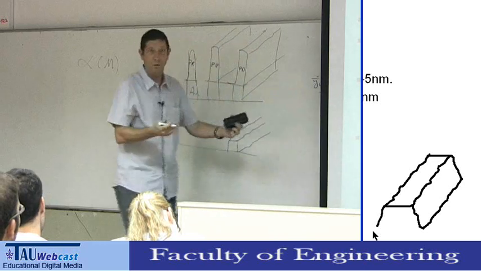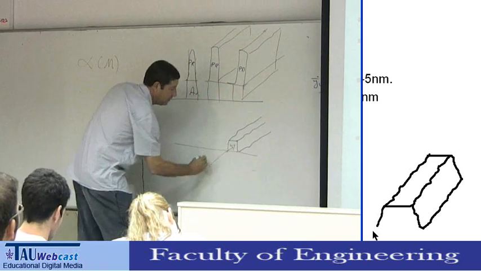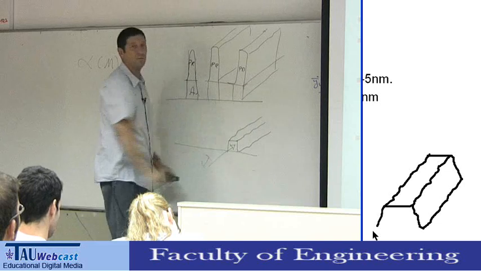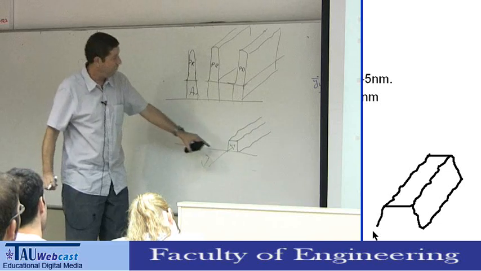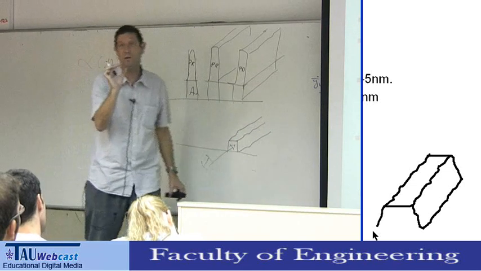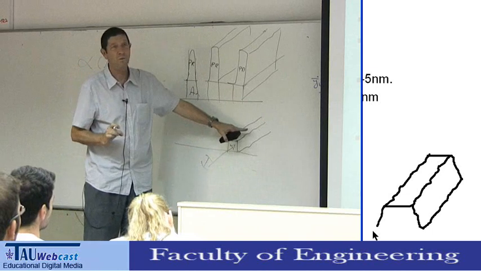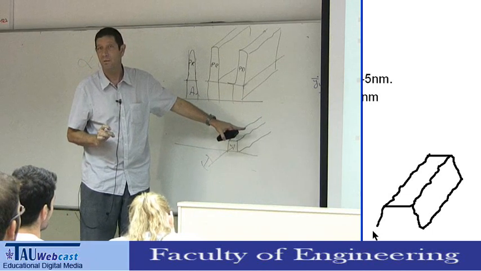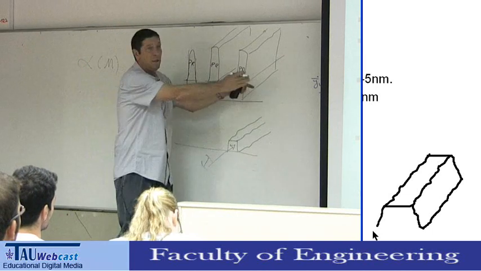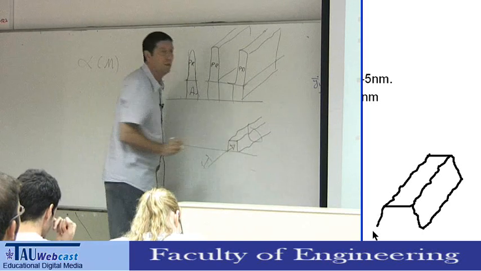Because what you do with metal lines, you put current into them. This is current. Current is flowing into the lines. And the current density is very high, especially because we work with very narrow lines. And at very high current density, we have an effect which is called electromigration. The electrons actually can move matter, and you can generate voids here.